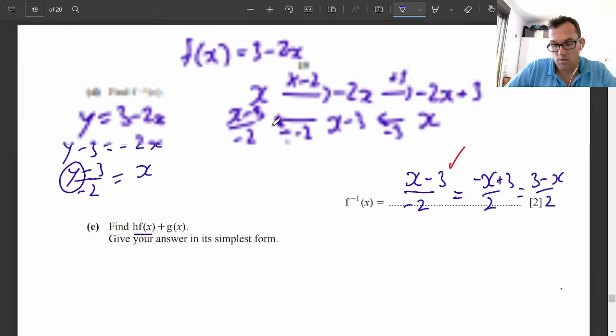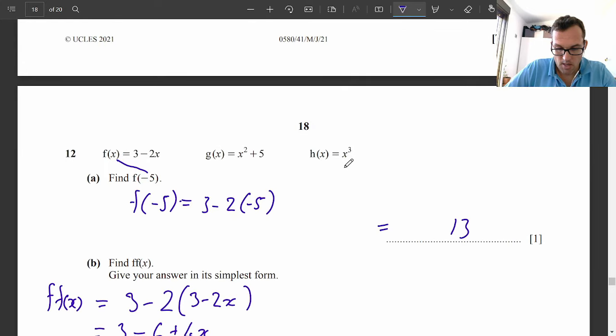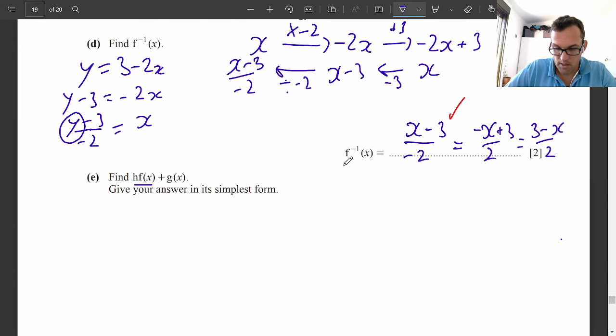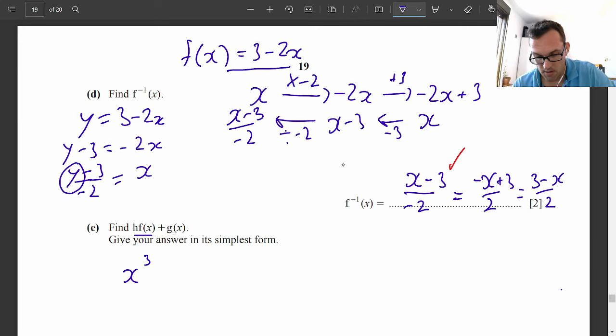We need to write the function of h. Where is that? Function h. X cubed. Okay, so x cubed. And into that, we need to put the function of f. Remember, I've got the function of f here. So instead of the x, I now change the x for everything that is the function of f.